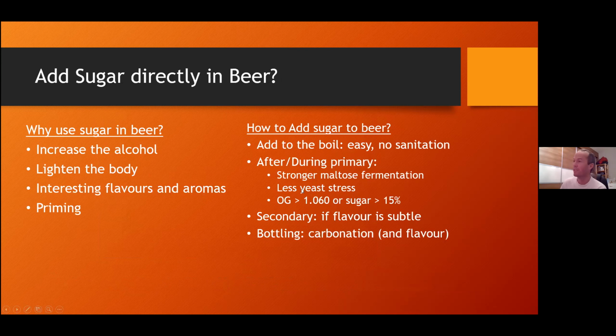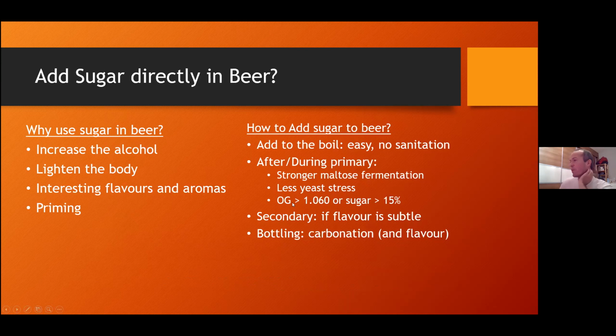How do you add it? There are many, many different schools about how you add it. You add it to the boil, it's really easy. You can add it during primary. This is usually if you let the yeast ferment, actually start touching the maltose to a large degree, then add the remaining sugars, then you don't produce that stress.